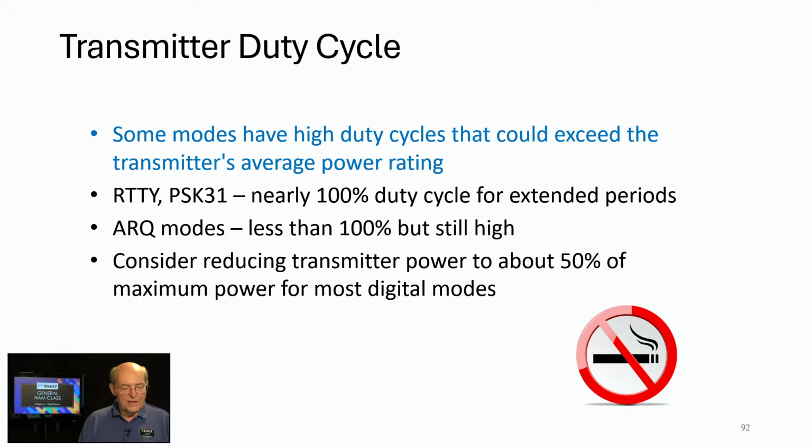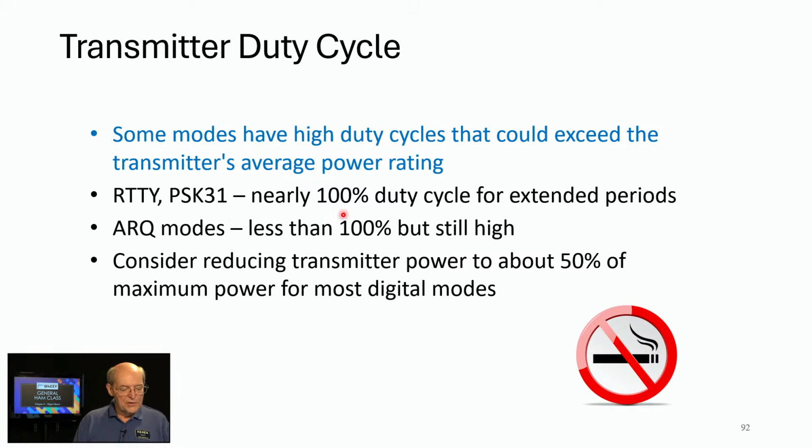So when you're running radio teletype or FM, which are continuous carrier modes, or CW, if you have the key down and leave it down, that would be continuous. So some modes have a high duty cycle that could exceed the transmitter's average power rating. So your transceiver could work just fine on CW at 100 watts or single sideband, but if you were running heavy radio teletype, you might have to back the power down, keep it happy.